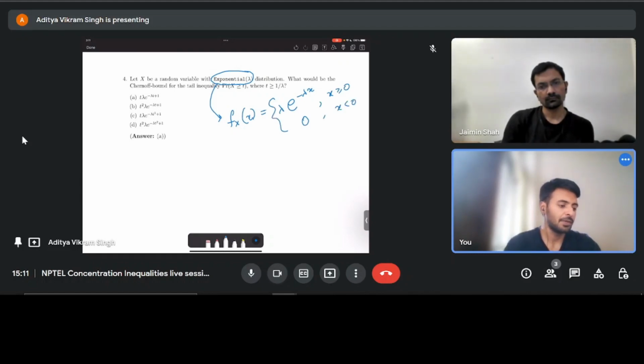Now to apply the Chernoff bound, what is the Chernoff bound? The probability of X greater than or equal to t is less than or equal to... Markov would have given us the expectation of X by t.